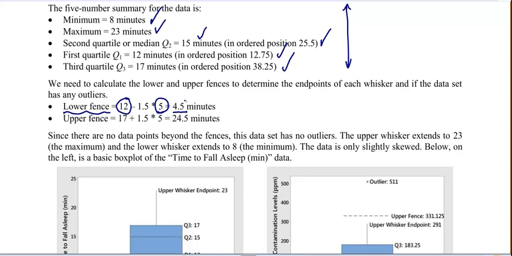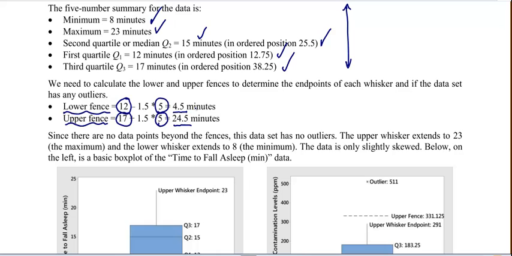The lower fence is the cutoff value that says if anybody is below 4.5, they're unusual and will be denoted with an asterisk. For the upper fence, we start at Q3 and add 1.5 times the interquartile range and get 24.5. In the same way, we have this invisible fence, or you could draw a dotted line, at 24.5.